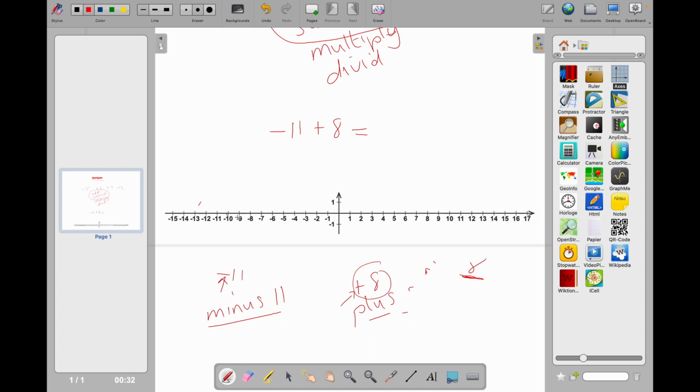I can use the number line. Let's start from -11 and add 8. So we go 1, 2, 3, 4, 5, 6, 7, 8. Now you can see -11 + 8 is -3.